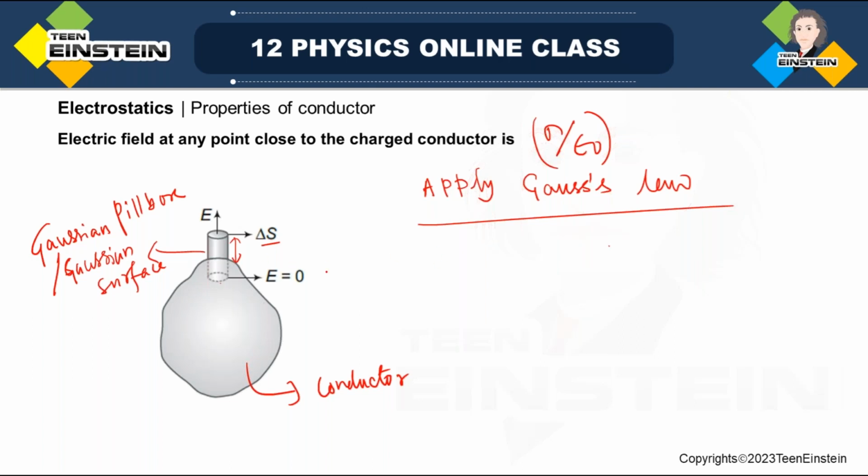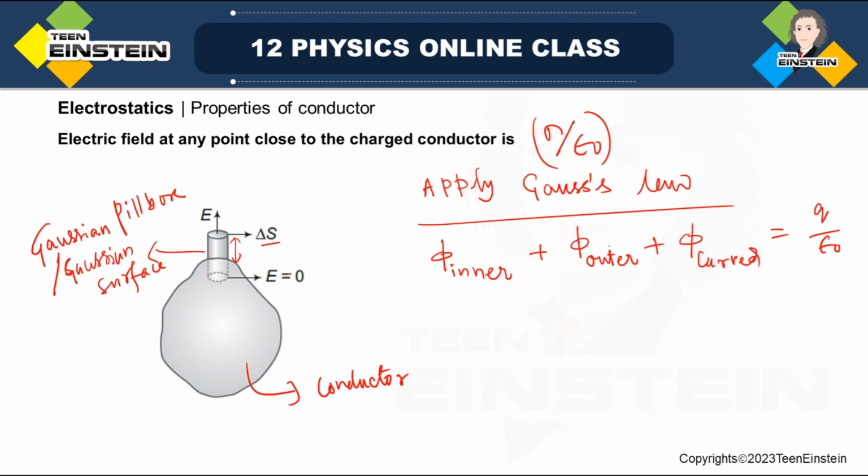This is the inner surface. So the flux through the inner surface, plus the flux through the outer surface, plus the flux through the curved surface, is equal to the charge enclosed divided by epsilon 0. This is Gauss's law.